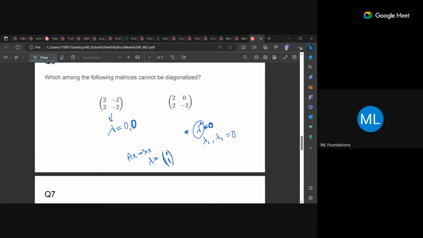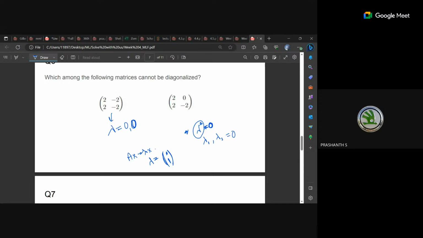And what is the dimension of this eigenspace? It's just one eigenvector that is spanning your whole eigenspace. You have just one eigenvector spanning a two-dimensional space, right? So in this case, geometric multiplicity is 1.